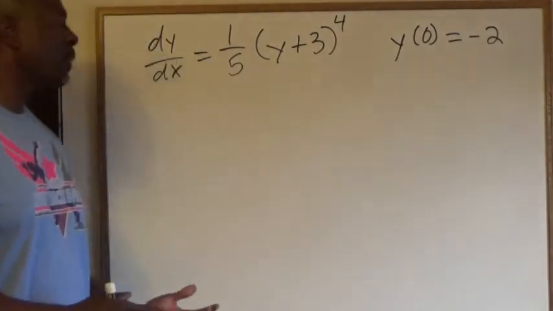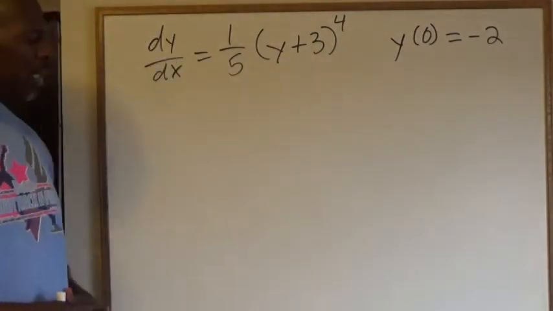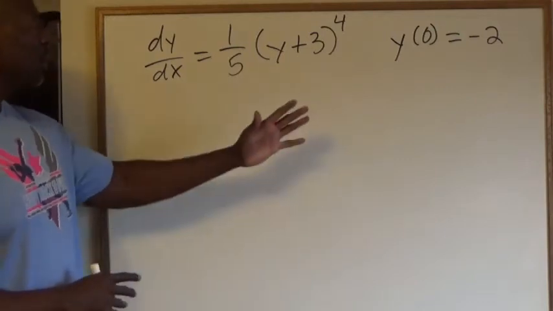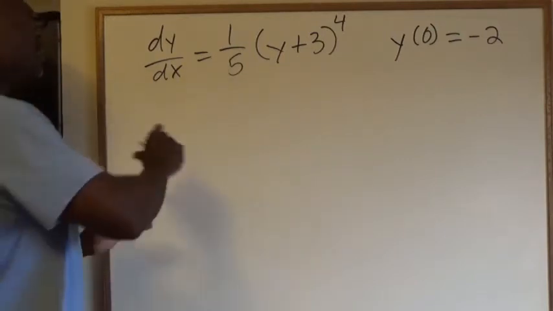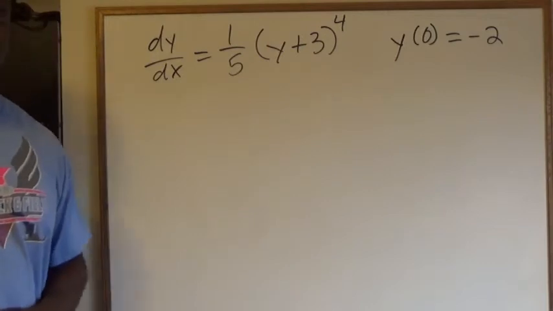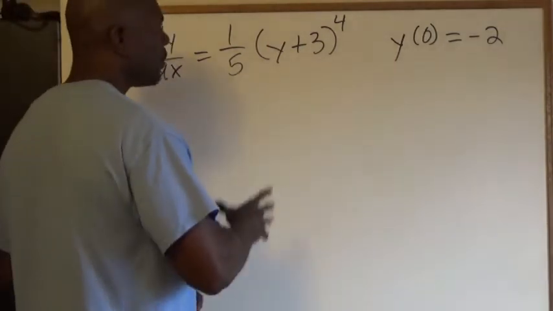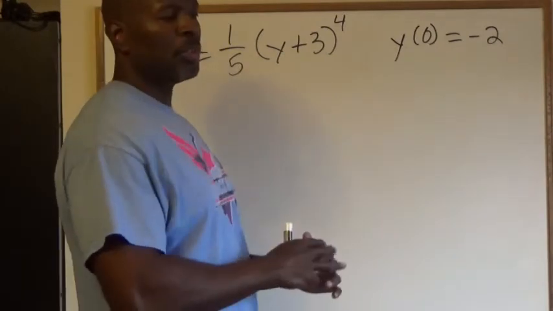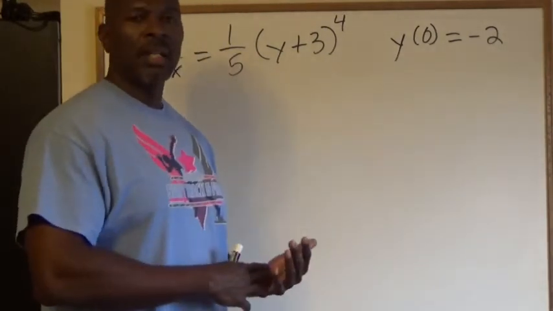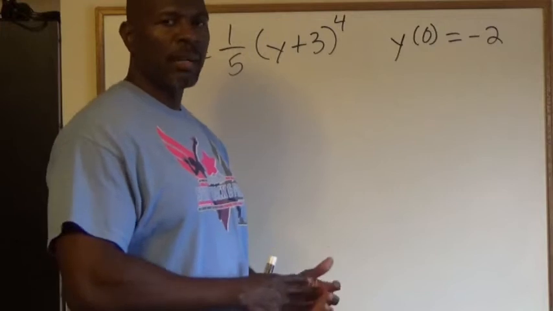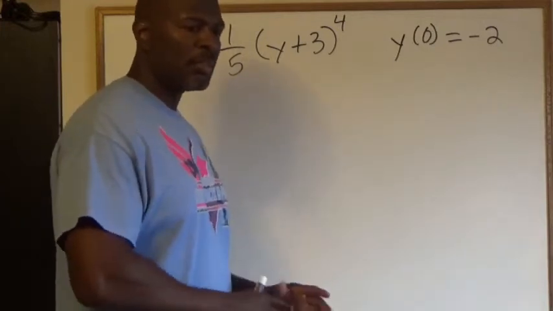And what does separation mean? Separation means moving y terms with dy and moving dx to the other side with the x terms. And typically when I move the y terms, I'm only going to move y stuff. I'm not going to take coefficients with y. I'm just going to move the y stuff by itself.